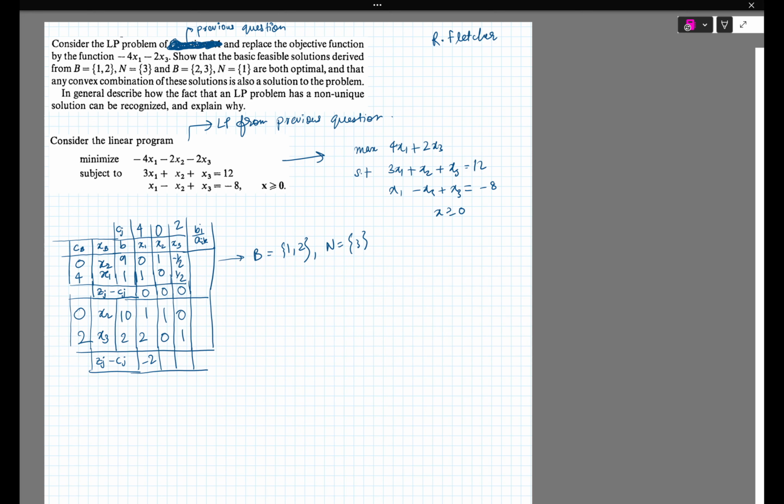Maybe iterations will be more here, not only two. But I'm using X2 and X3 as the basic variable set, right?